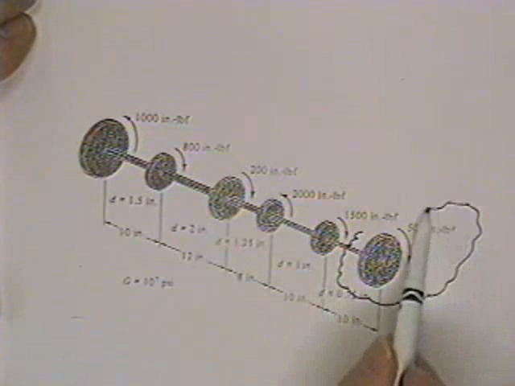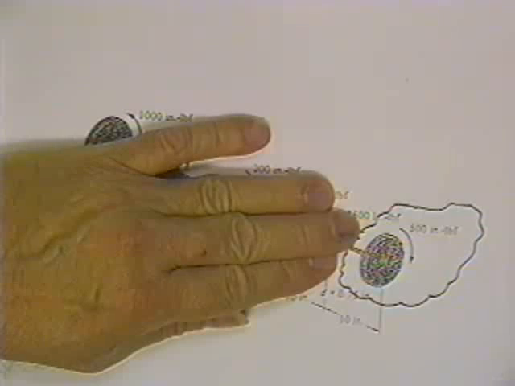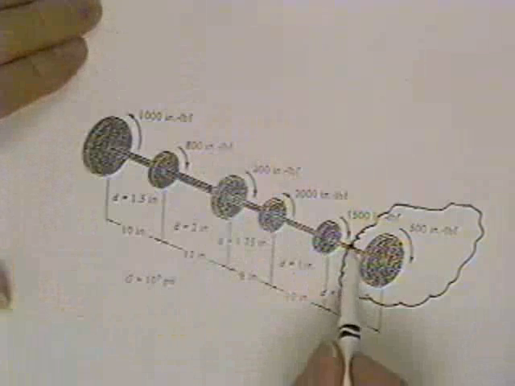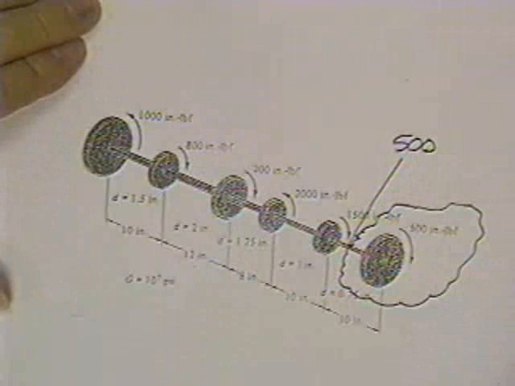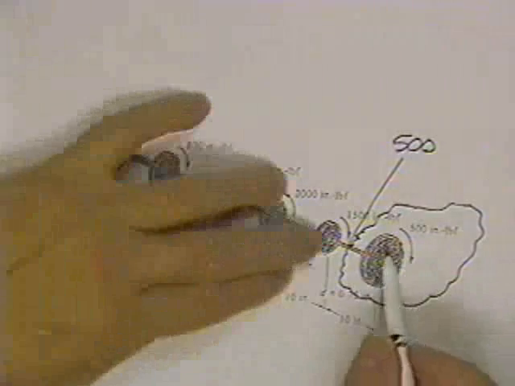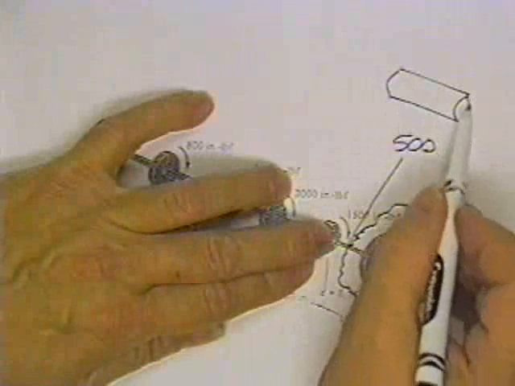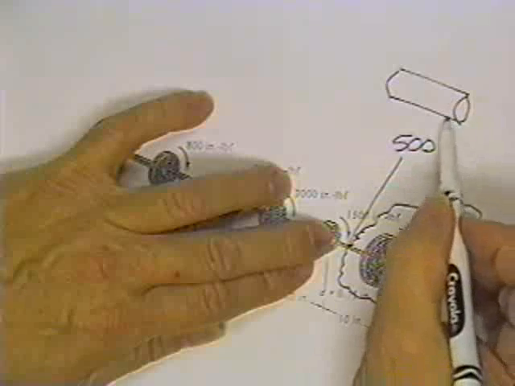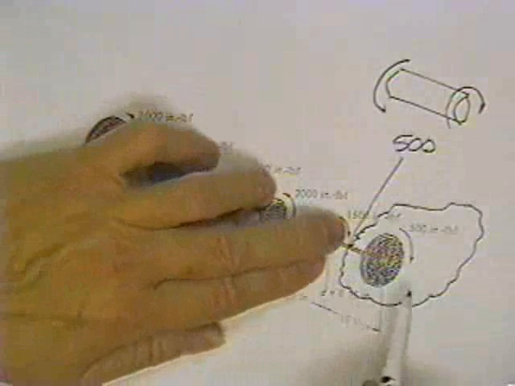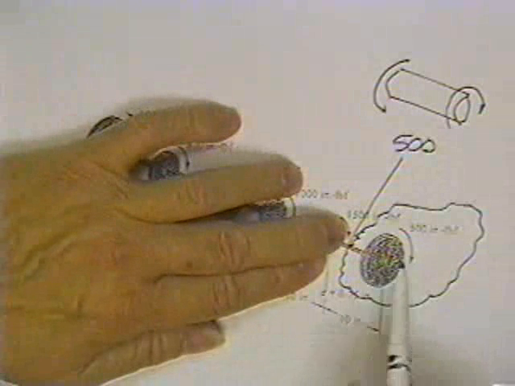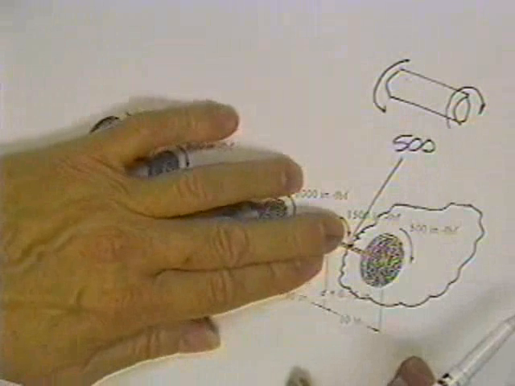You come around this end right here, and you isolate nothing but what you see in that free body, and the answer for the torque in this section is 500 inch-pounds. Inside of there, it is tending to do this to the shaft. It's tending to go this way on that end and this way on that end of this shaft, because I can see it's going kind of clockwise on the right-hand end.